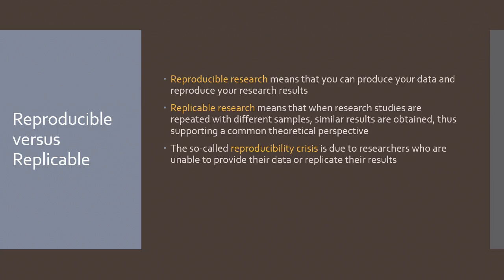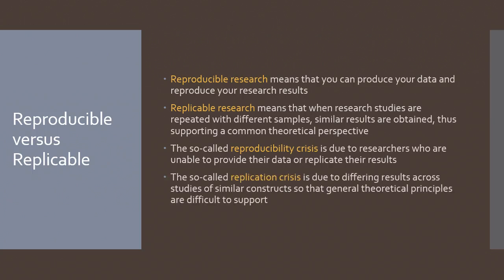The so-called reproducibility crisis is due to researchers who are unable to provide their data or replicate their results. So that survey that was done in Nature that I referenced, that was about the so-called reproducibility crisis. But you'll also hear people talk about the replication crisis.